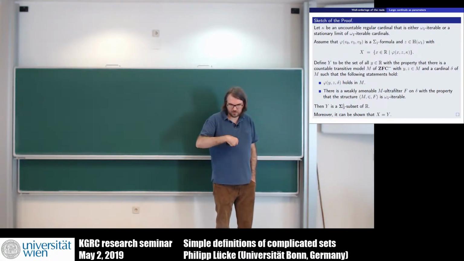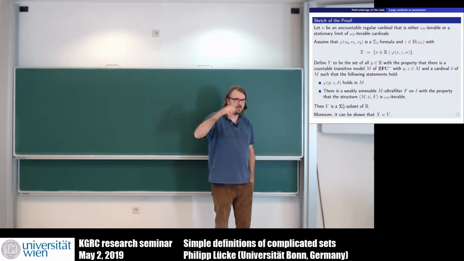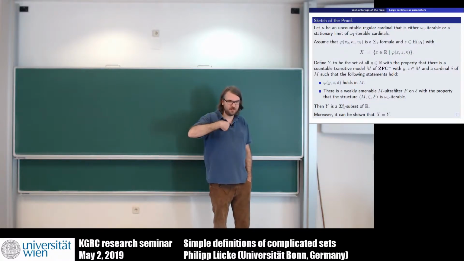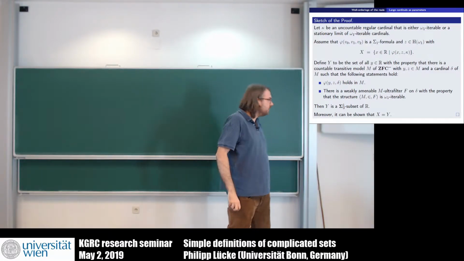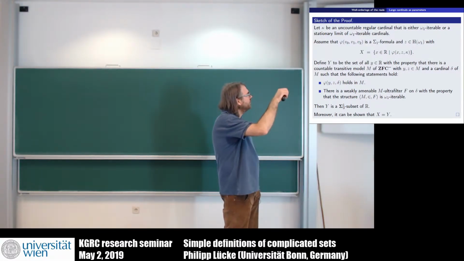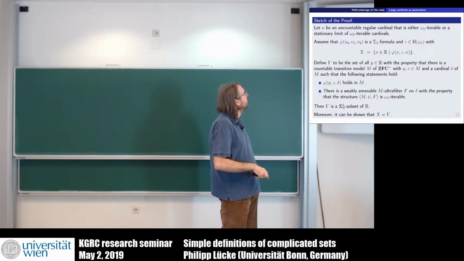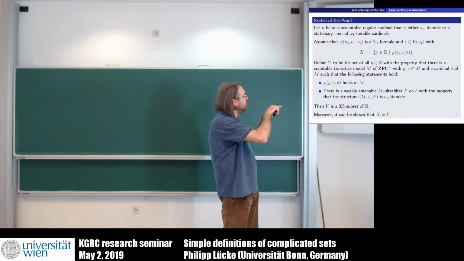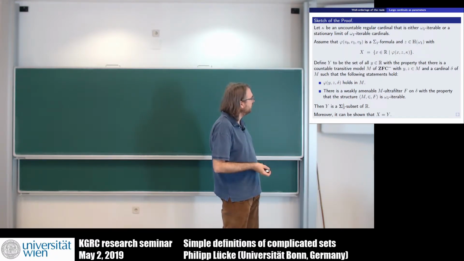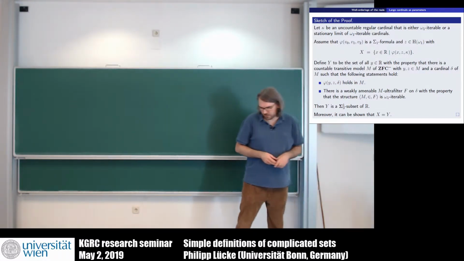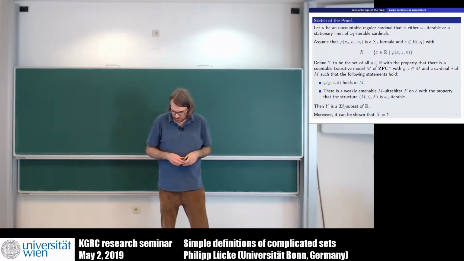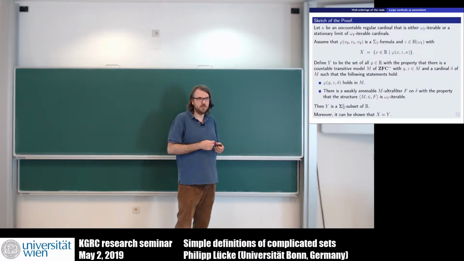And in the other case, if we are a stationary limit, then we just have to run an elementary chain argument where we build a chain of smaller models, and then the stationarity of the omega-1 iterable cardinals gives us some smaller cardinal where we have the external filter for the corresponding model. Once we have this, we take a countable elementary submodel of the model we constructed, and this will also be iterable.